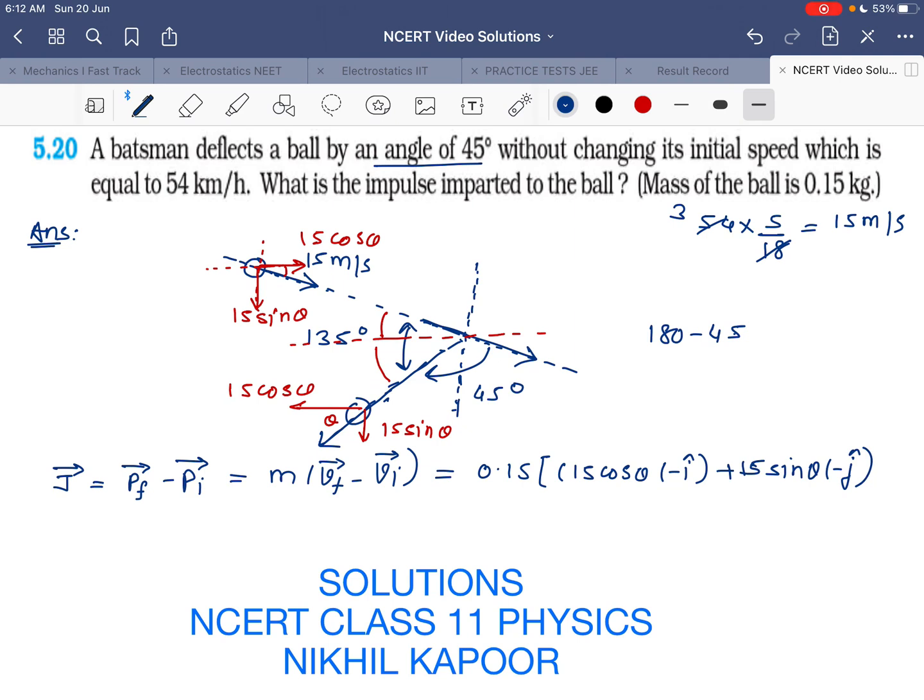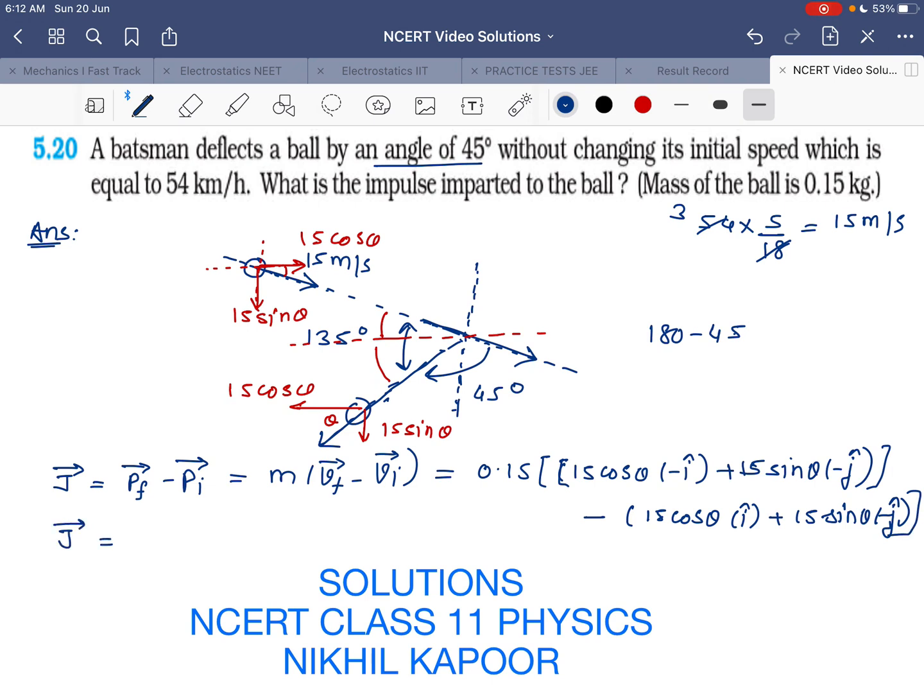That is the final momentum of the system minus the initial momentum. The initial velocity will be 15 cos theta i cap plus 15 sin theta minus j cap.